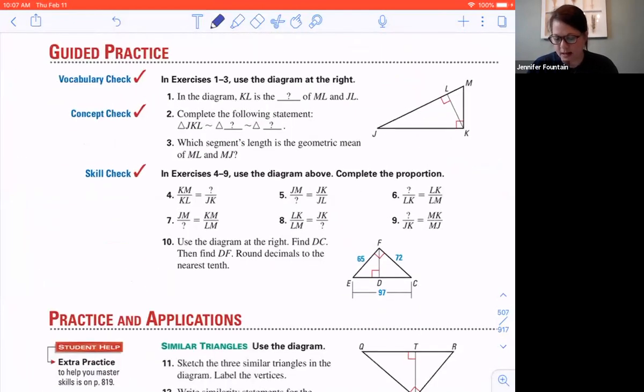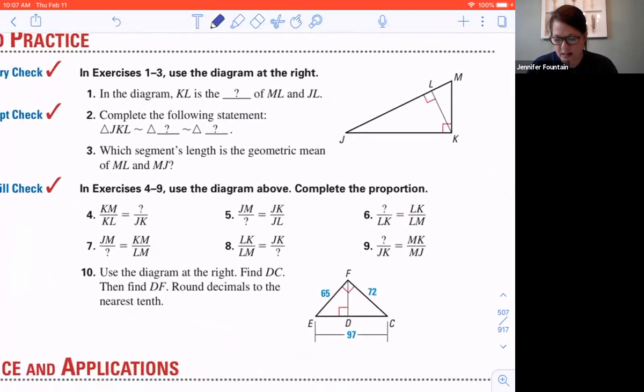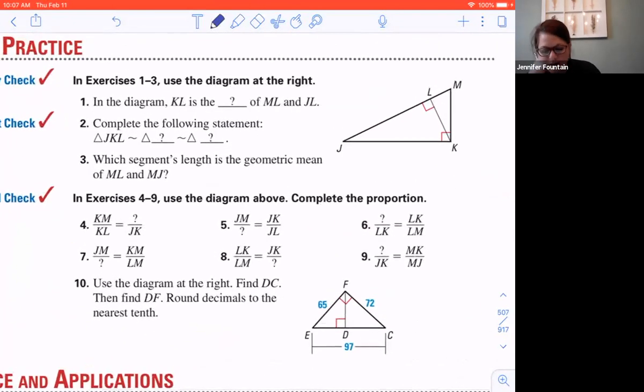So let's go ahead and look at our guided practice here. In exercises 1 through 3, use the diagram at the right. In the diagram, KL, this right here, what is that called? What is it when we are using the altitude?